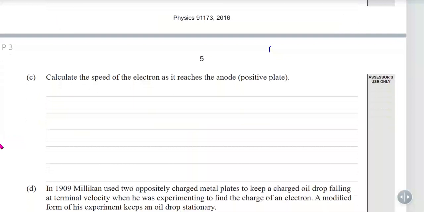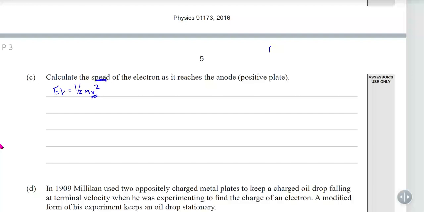Calculate the speed of the electron as it reaches the anode, the positive plate. Okay, so EK equals a half mv squared. So this is where we're going to get our speed.